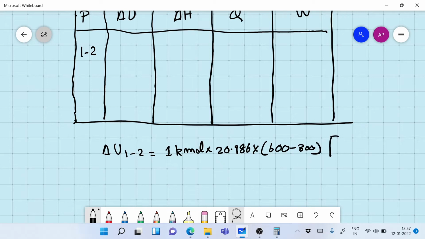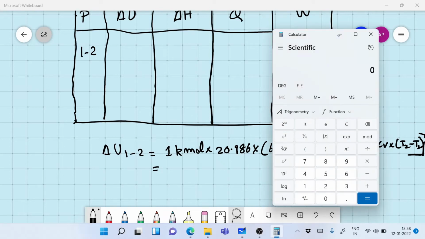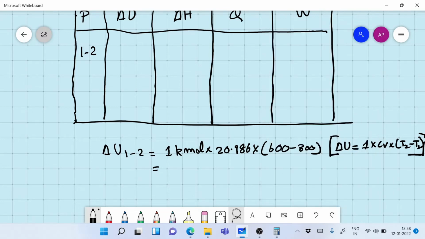Just to refresh your formulas, delta U for an ideal gas is equal to 1 into CV into T2 minus T1. So that's 1 into 20.986 into 300, and that's 6295.8. Let's make a note of it.